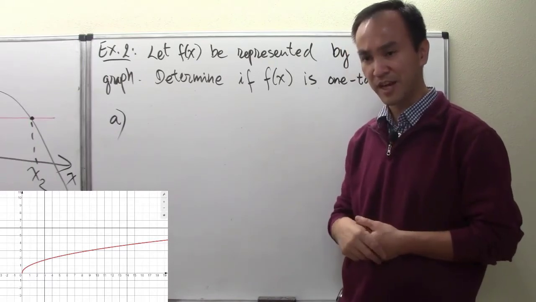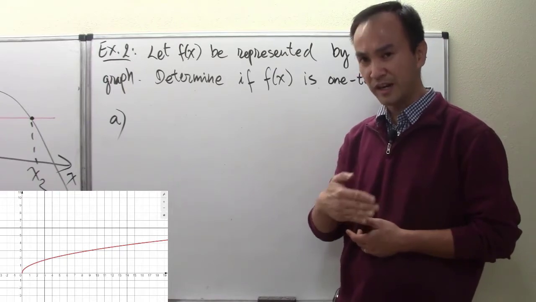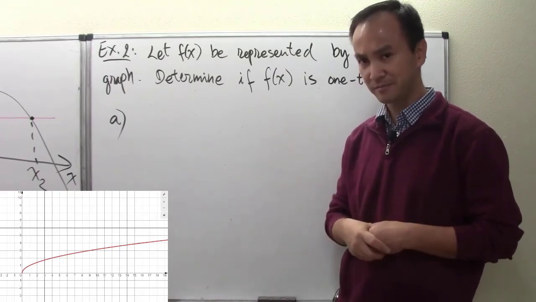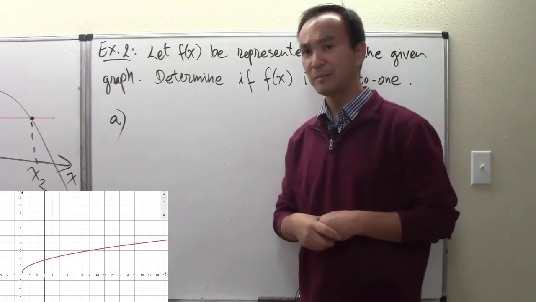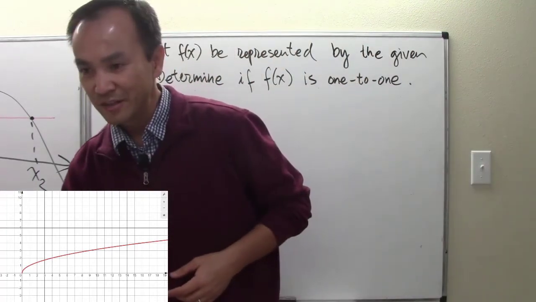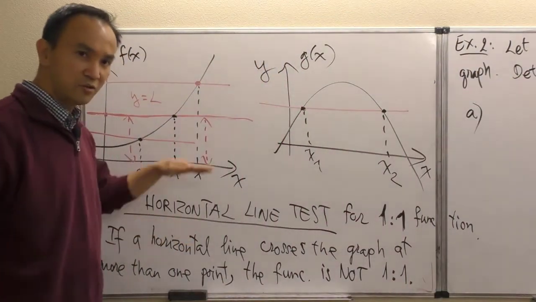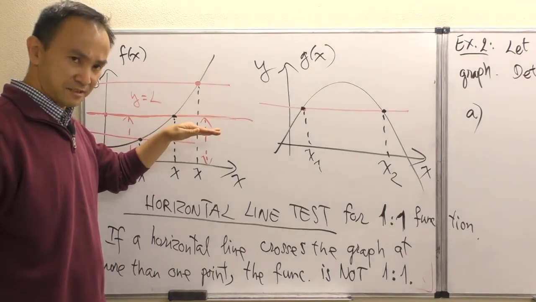Or another way of saying, on every output there was one and exactly one input taken to it. Because of that, we came up with the horizontal line test technique right here. We want to use that horizontal line and detect.